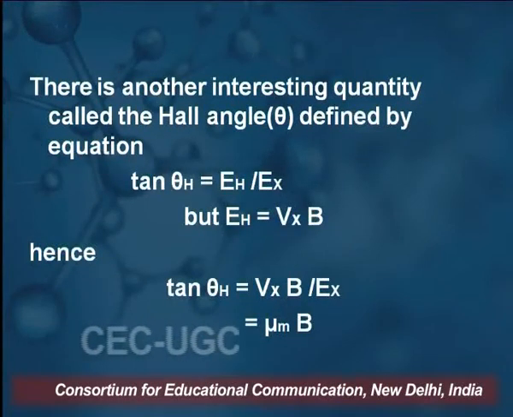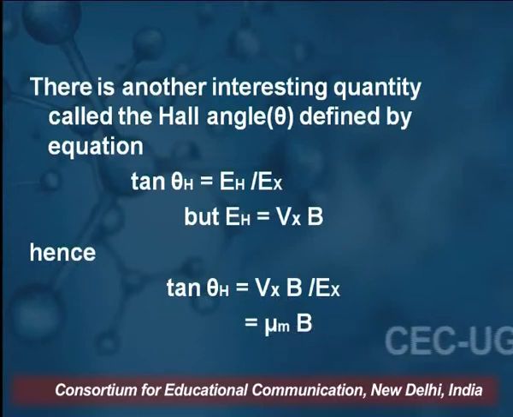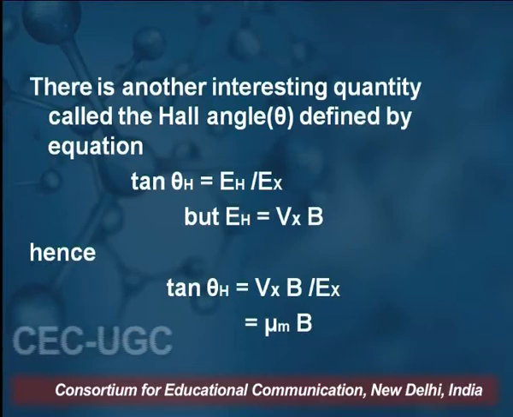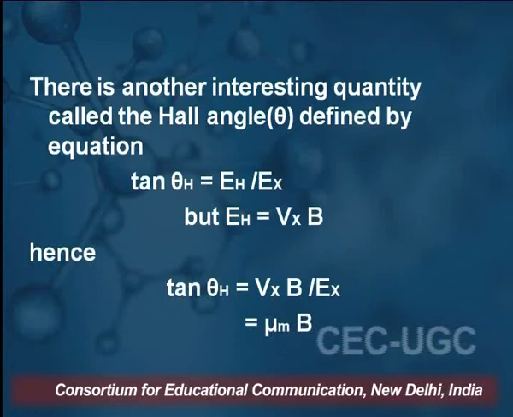Another interesting thing, we can find out the Hall angle, which is defined by tangent theta h is equal to EH by EX, the Hall field developed because of the Hall voltage, and the field due to the current passed through the specimen.